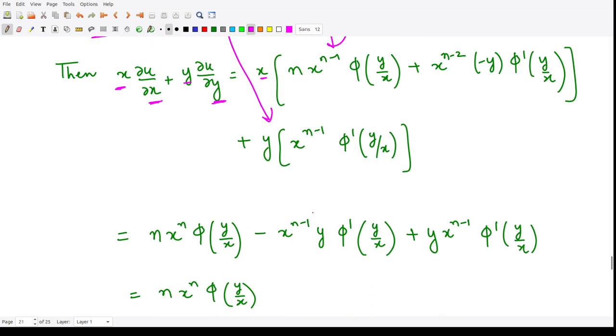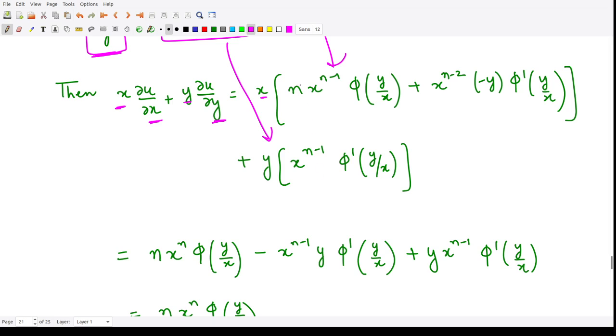When you simplify, we are multiplying this x inside. So the power of x here is 1, and here the power is n minus 1. So we have 1 plus n minus 1, that is n. So the power of x is n, and here the power of x becomes n minus 1, all the terms as such, and here this becomes y into x to the power n.